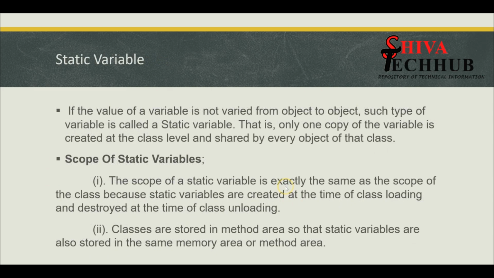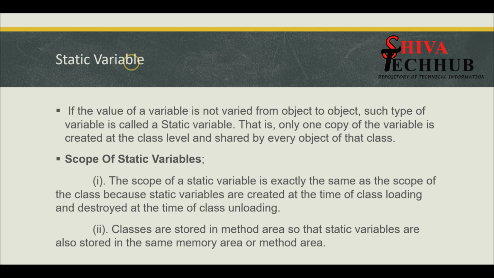Now let us try to understand the second variable type based on the scope, static variable. If I have to tell about the static variable in a single line, it is almost equal to an instance variable. The only difference is we will be using the static keyword in front of the variable type. It means, for an instance variable, in order to access that variable, you need to create an object. Then using that object, you can access the value present within that variable.